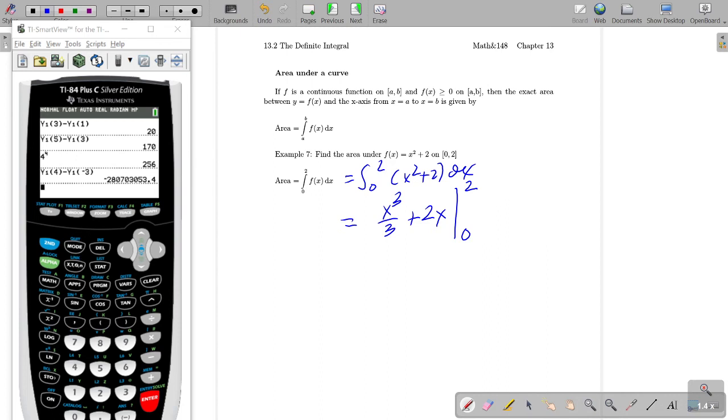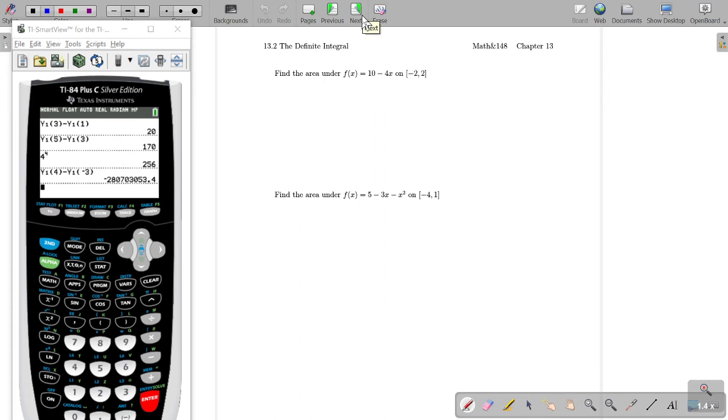And this is going to be what? 2 cubed over 3 plus 2 times 2, minus, that'll be 0. So that would be 8 thirds plus 4, which is the same thing as 8 thirds plus 12 thirds, which is 20 thirds. Notice in this case it was just as quick to do it by hand as with the calculator.